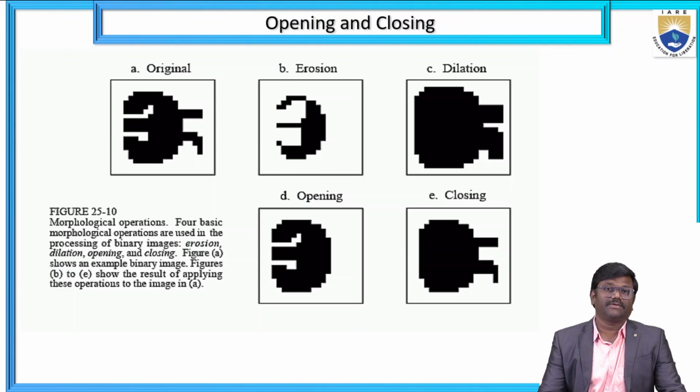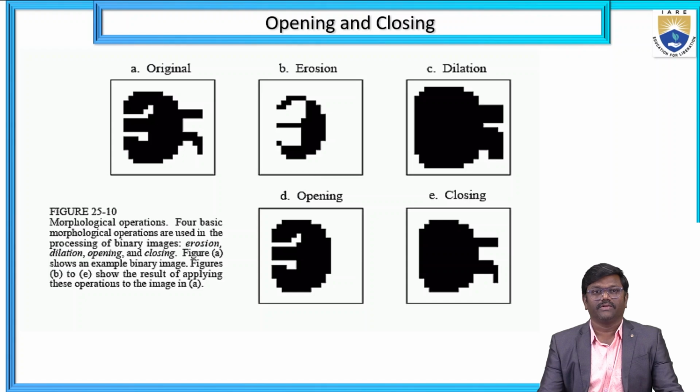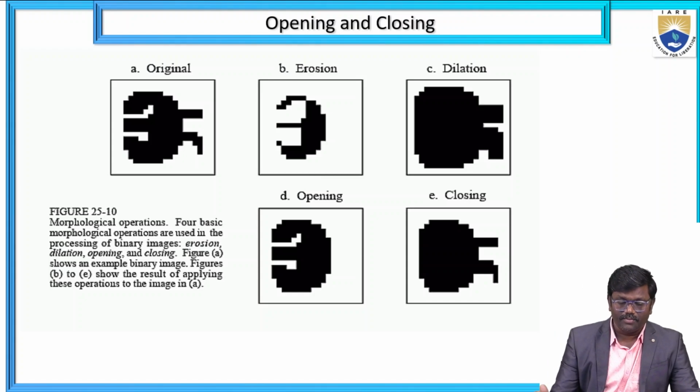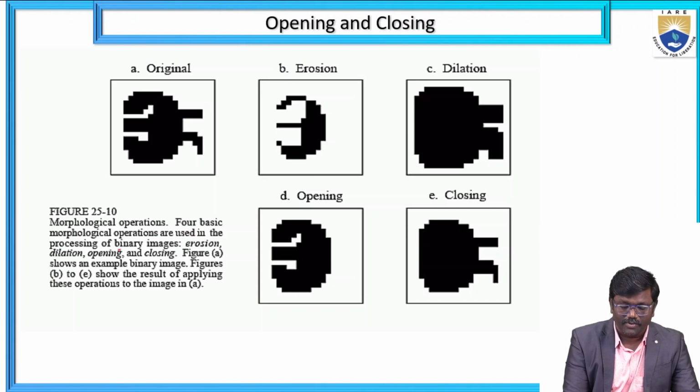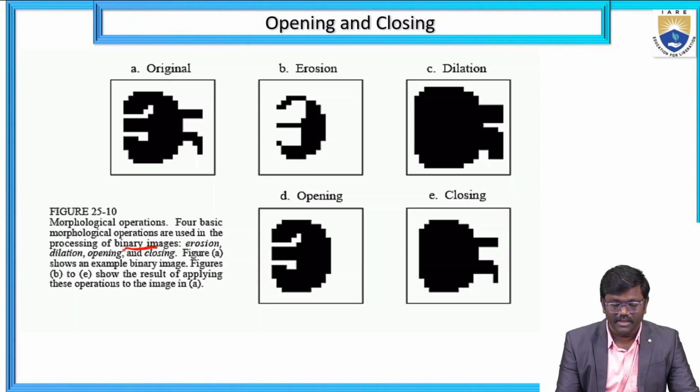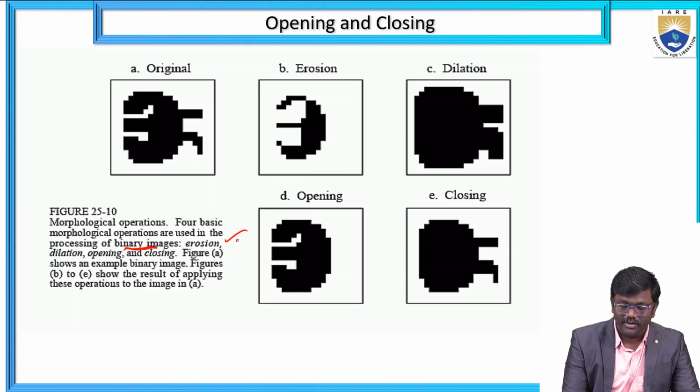Here A is the original, B is erosion, C is dilation, and D is opening and closing. Based on morphological operations, four basic morphological operations are used in the processing of binary images: erosion, dilation, opening, closing, which we are applying with respect to figures.